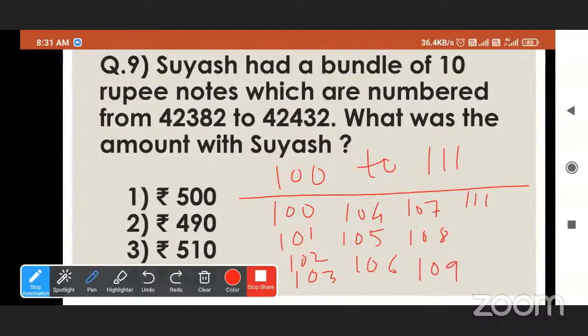9, 10, and 11. So the total number of notes, we have to count 1, 2, 3, 4, 5, 6, 7, 8, 9, 10, 11, and 12. So the total number of notes from 100 to 111 is 12.